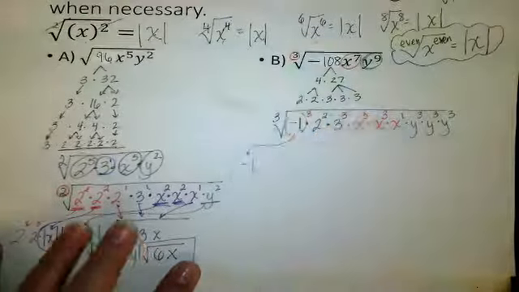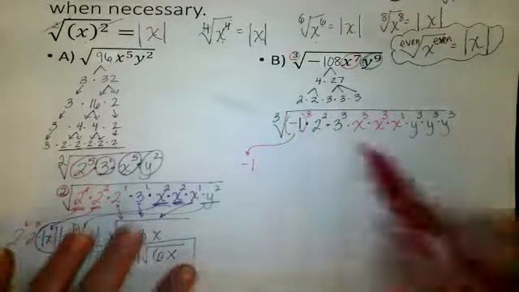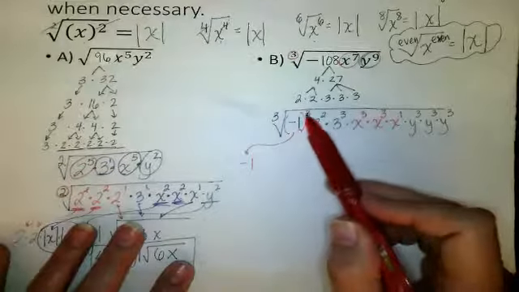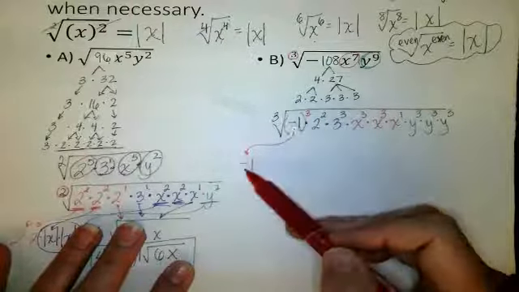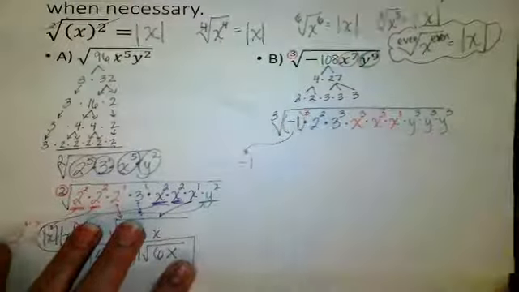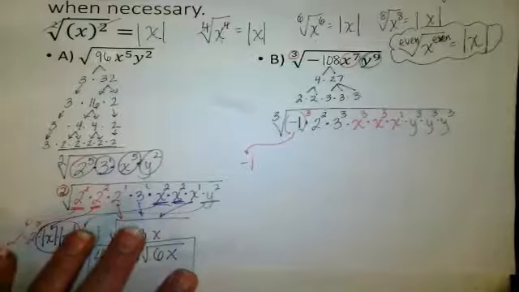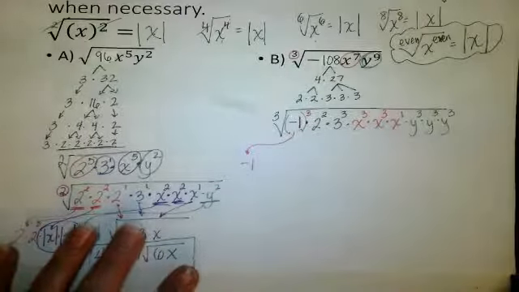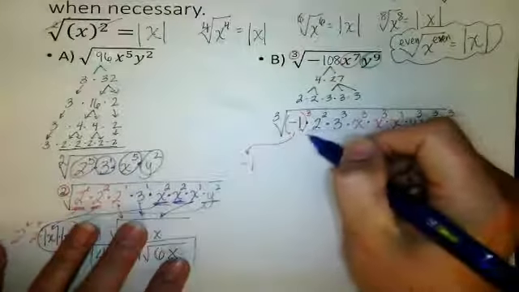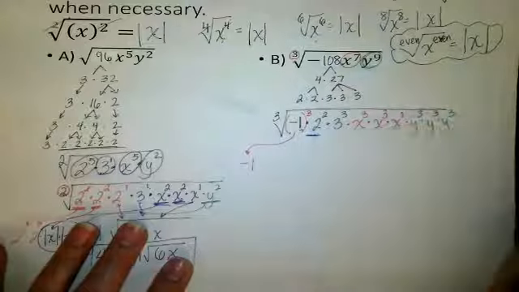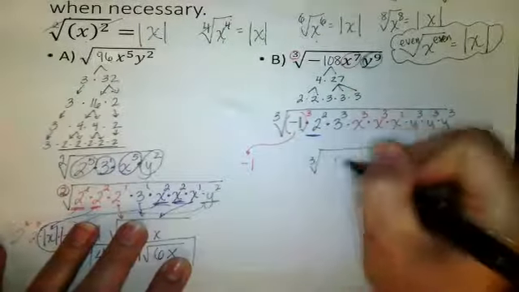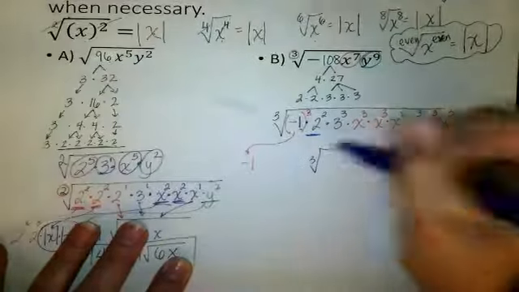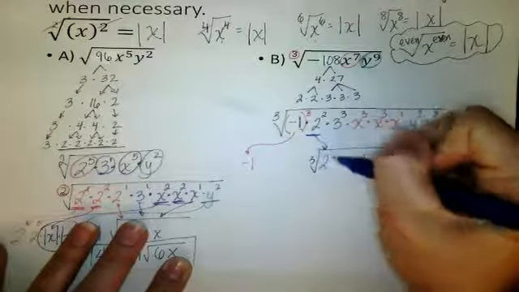Just -1. Okay, nice. Because -1 is the same as -1 cubed. The cube root of -1 cubed is -1. The cubes cancel out. Okay. Can I do anything with the cube root of 2 squared? Its power is too small. So that 2 squared is going to stay underneath.